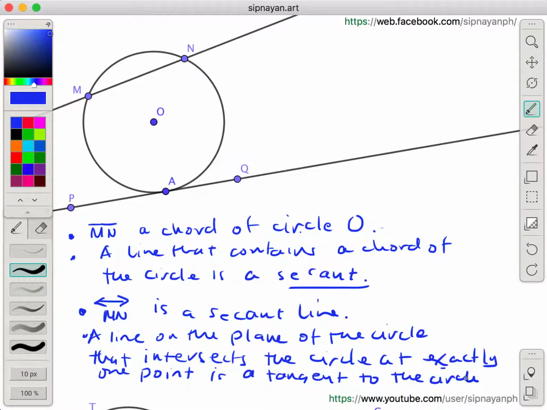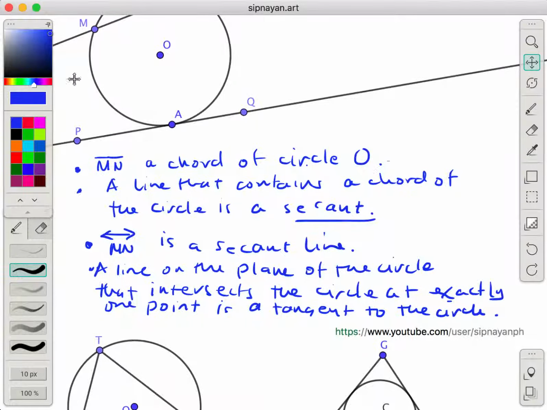Okay? So here, PQ is actually a tangent to the circle.